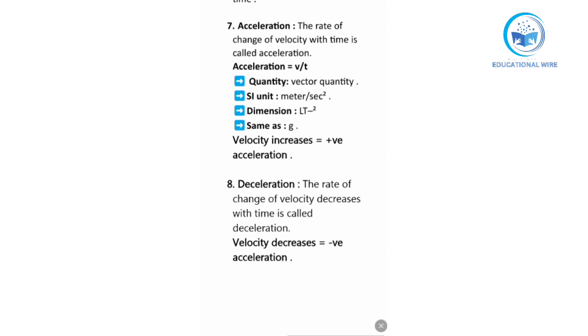In acceleration, the rate of change of velocity with time is called acceleration, and the formula of acceleration is velocity upon time. How does velocity change in acceleration? Like here we have a person changing his velocity from one point to another with time, and that is called acceleration.